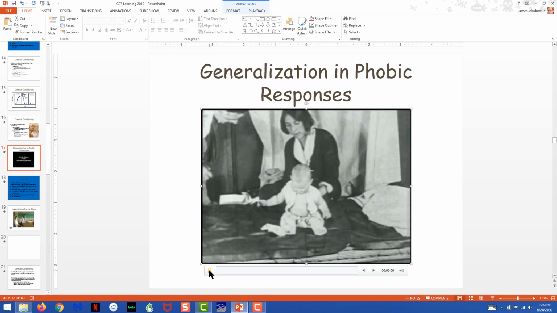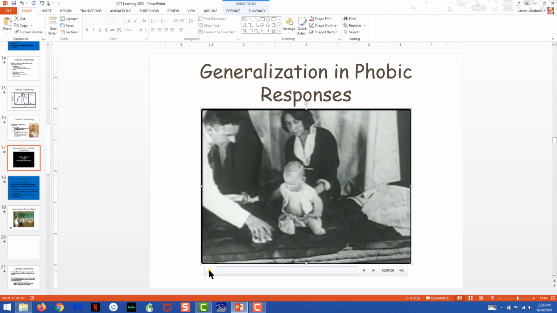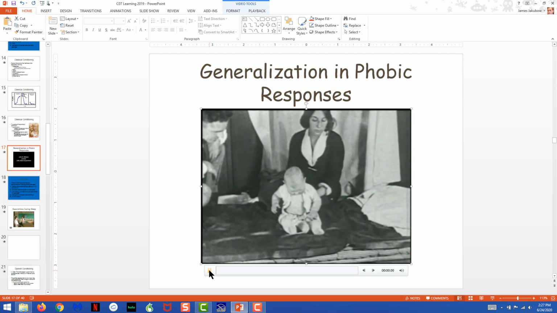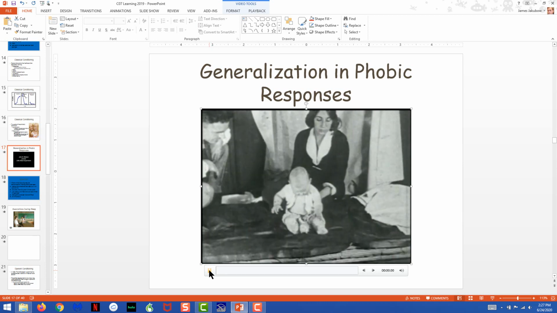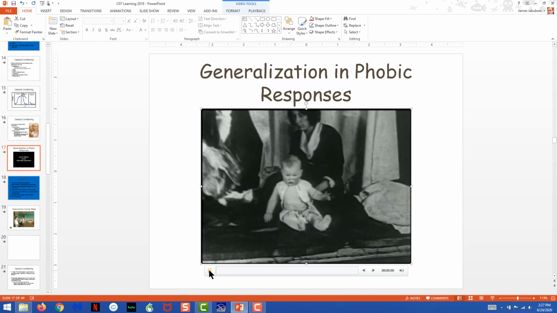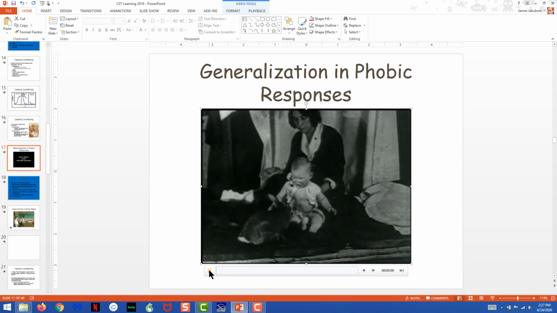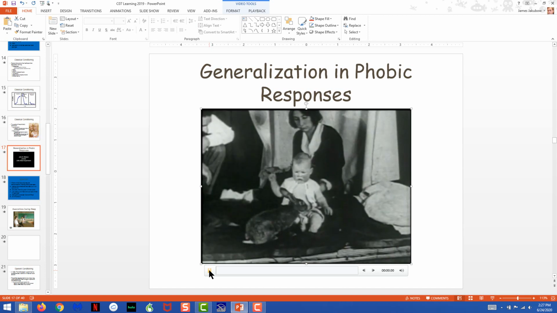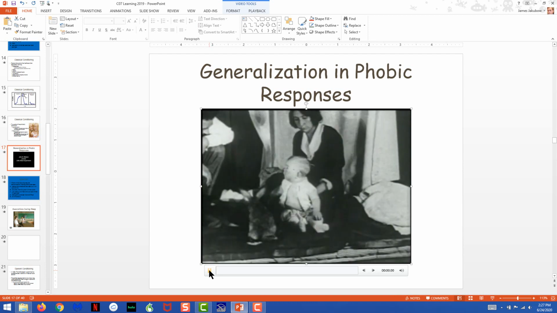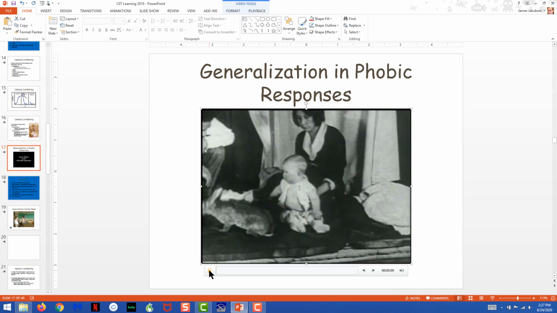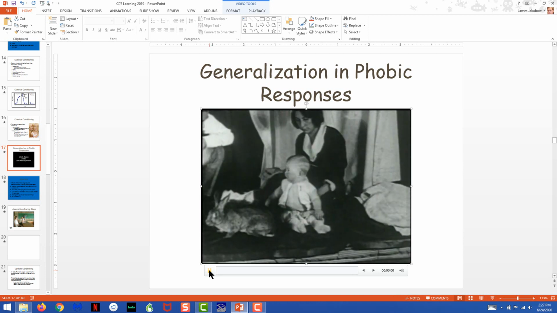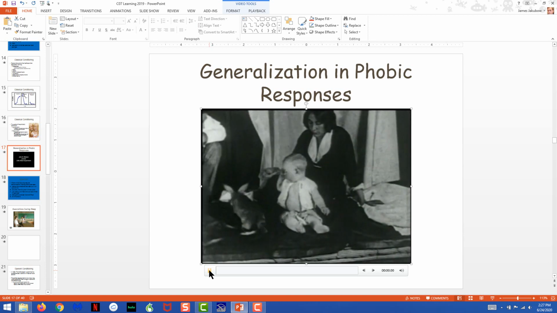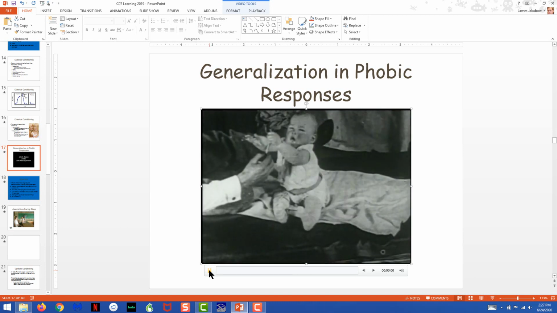That's a standard white lab rat. This work is being done at Johns Hopkins University in Baltimore, so it makes sense that's why they have a lab rat. They're just bringing one of the rats over from the psychology laboratory. And the child does not seem to show any fear to the rabbit either.